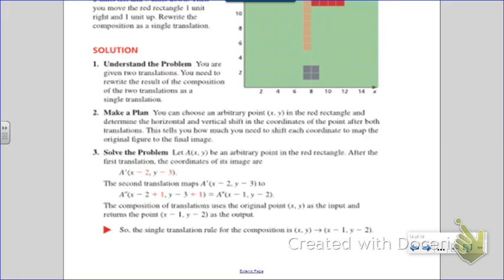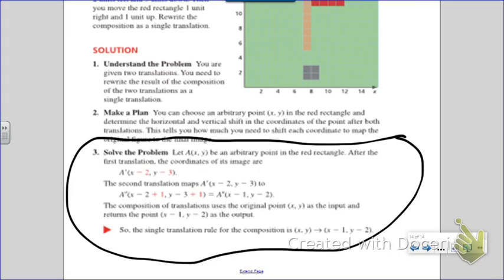We're going to focus on the piece right here. The first translation is x minus 2 and y minus 3. The second translation is adding 1 to the x and 1 to the y, so our new answer after the composition of two translations would be x minus 1 and y minus 2.